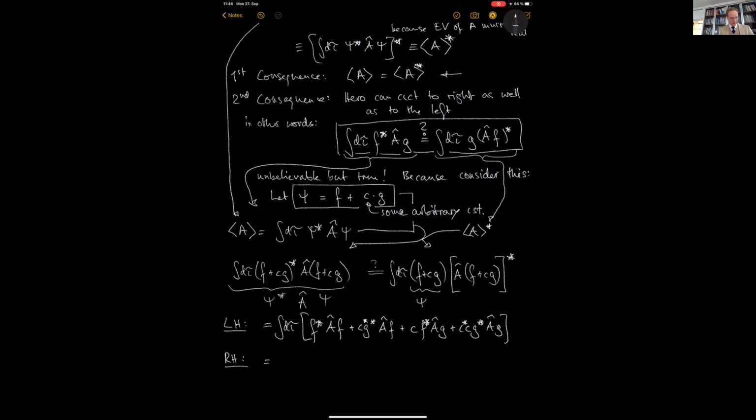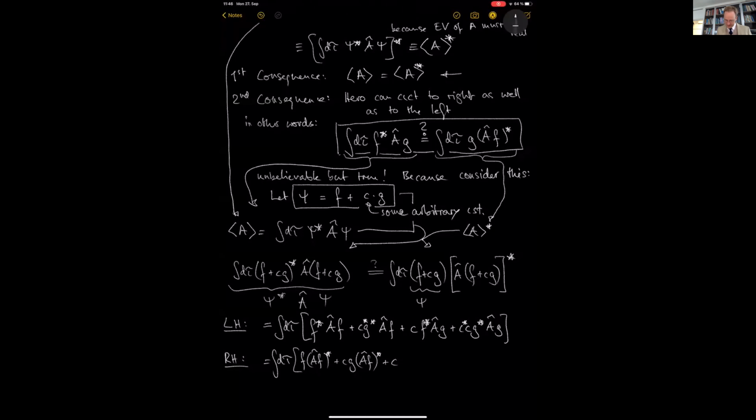The right-hand part would be B tau, and now we have F times AF star plus CG with AF star again, plus, and now we have the C, which again we pull from the right over.